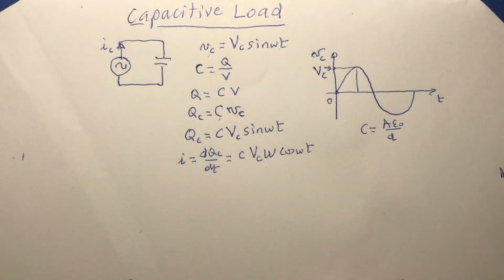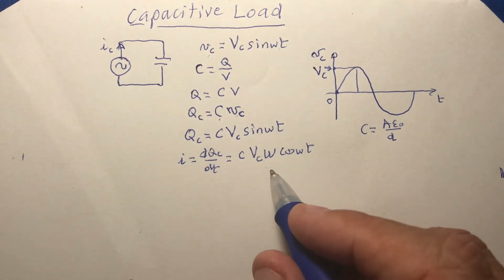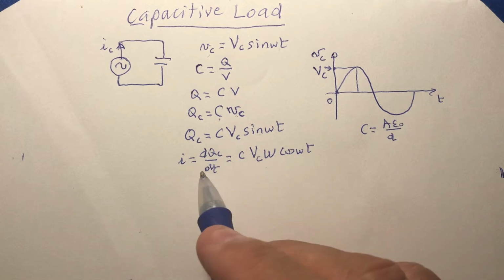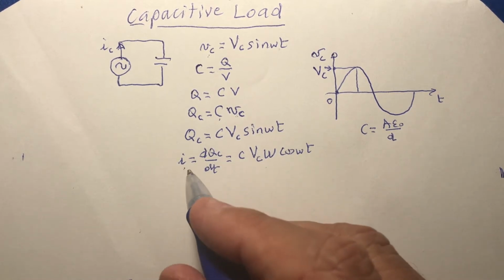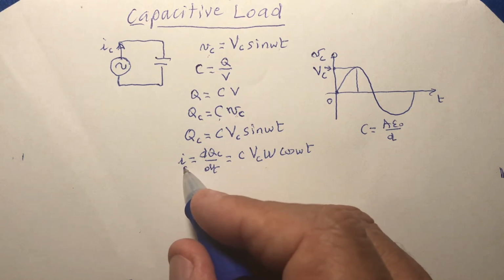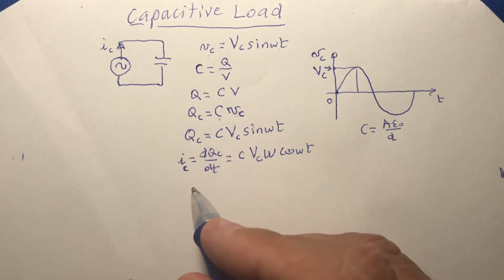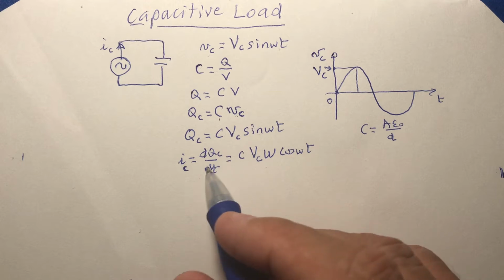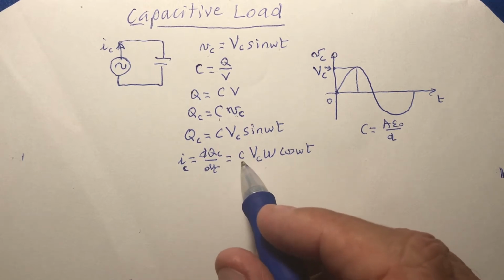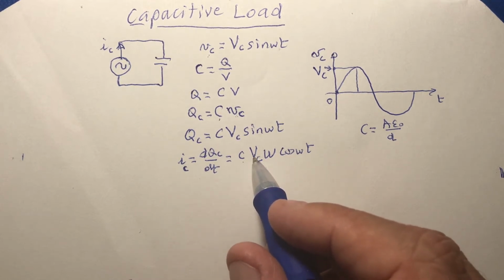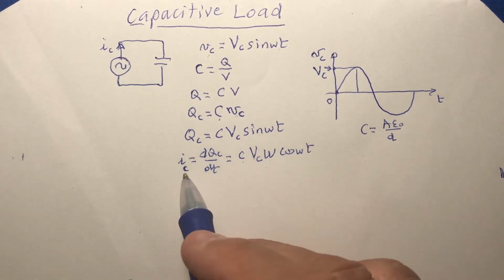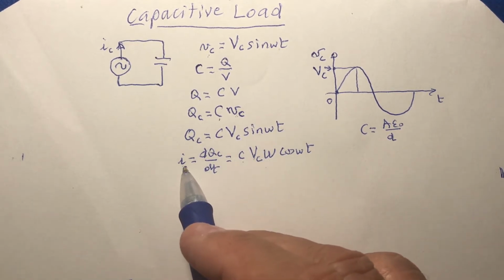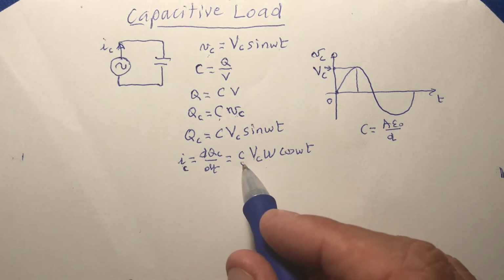Now, if you pay attention to this equation, I have a current. I can call this current IC if I want to. This is the current through the capacitor. This is the capacitance, magnitude of the voltage, omega cosine omega t. Look at here, I have IC here, and then I have this new thing that shows up.